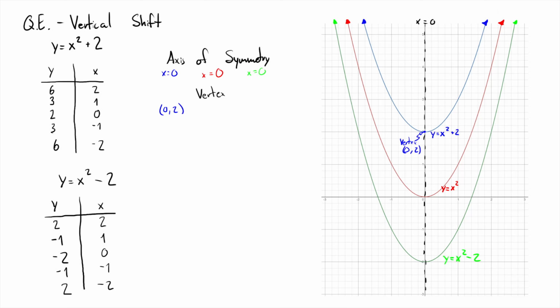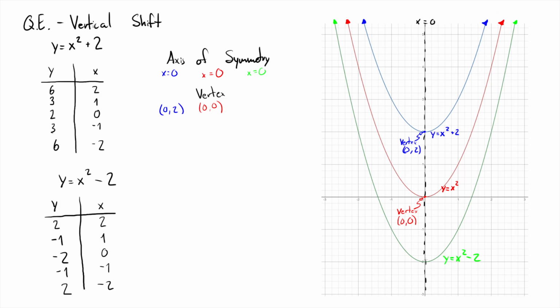The vertex for our red one, on the other hand, is going to be right here. Okay, it's going to have the same x-coordinate. Let me label it as the vertex. It's going to have the same x-coordinate as the blue one, in this case 0, but the y-coordinate is also going to be 0. Okay, so 0 comma 0, that is our vertex for y equals x squared.